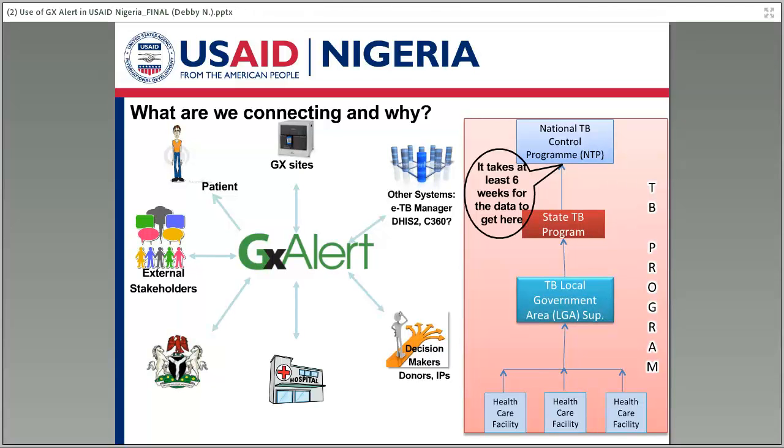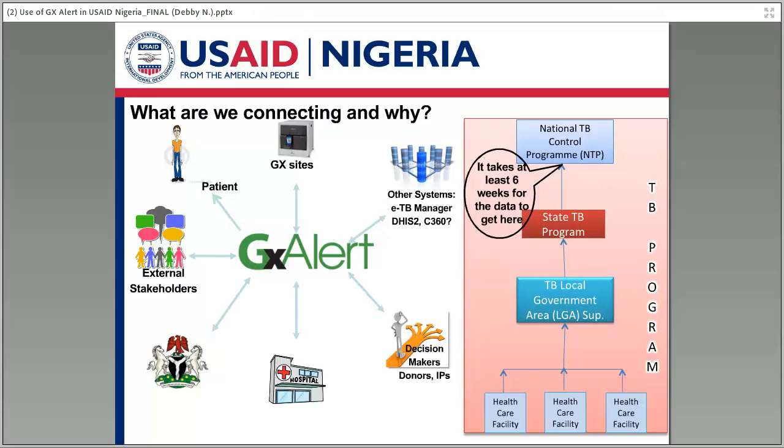Once a quarter, they have a review meeting at the state level where the data is collated, and this starts after the quarter ends, by the way. Then there's another review meeting at the regional level where the data is collated, and then it's sent to the national level. Like I said, this journey can take up to 6 weeks, sometimes 8 weeks.